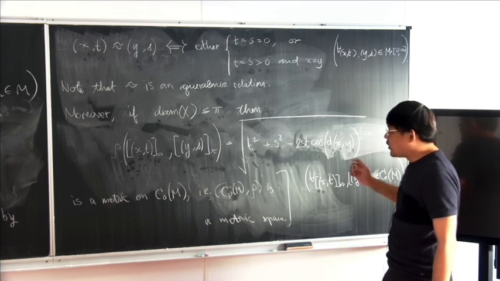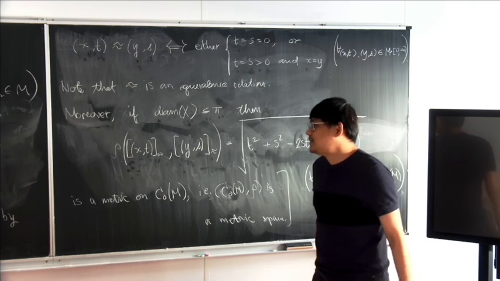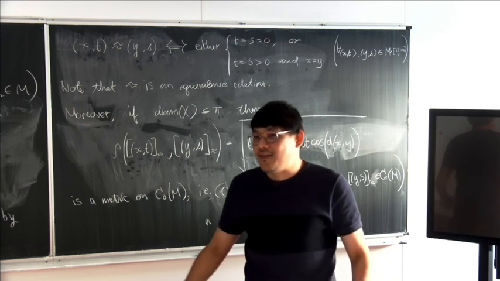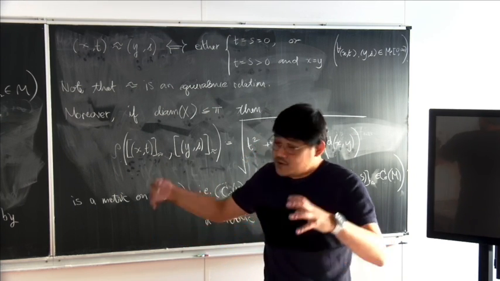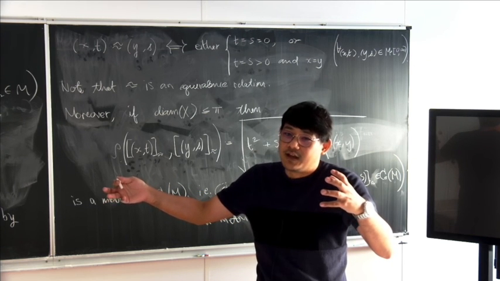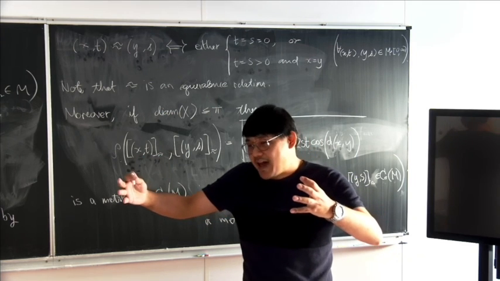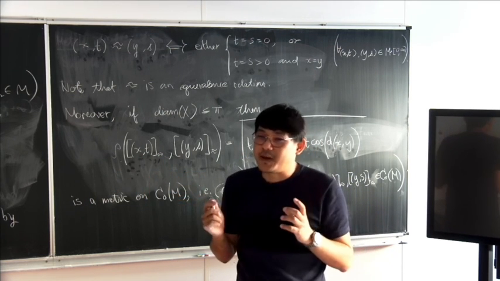Okay, and what we are going to use in our application is, first we will have a pseudometric space, and then we take a quotient, we get a metric space, okay, by the metric identification process. And after that, we will take a Euclidean cone over that quotient space.